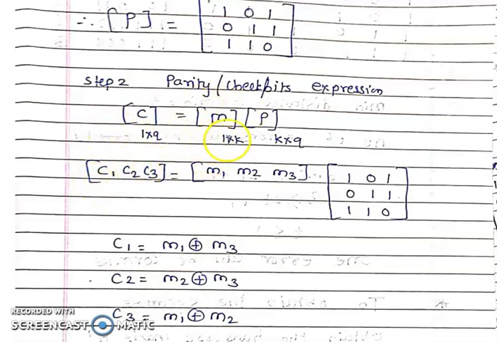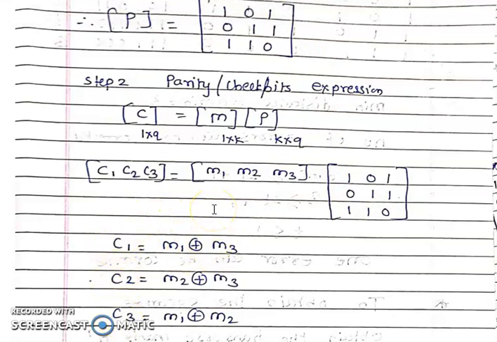Similarly, the message bit matrix is 1 into K. The K value is 3, so it has 1 row and 3 columns: M1, M2 and M3, multiplied by the parity matrix, which we have obtained from the generator matrix in the given numerical. So this is the equation we are writing for the check bits. Now we will find the equations for C1, C2 and C3.